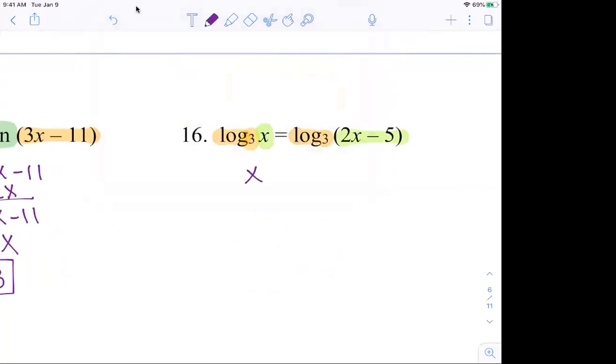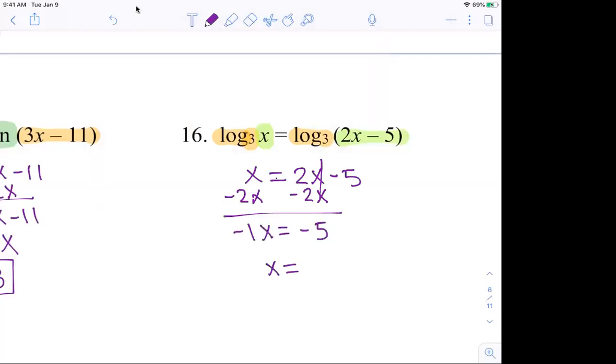So we've got x equals 2x minus 5. I'm going to subtract 2x from both sides. That gives me negative 1x equals negative 5. Divide both sides by negative 1, and x is positive 5.